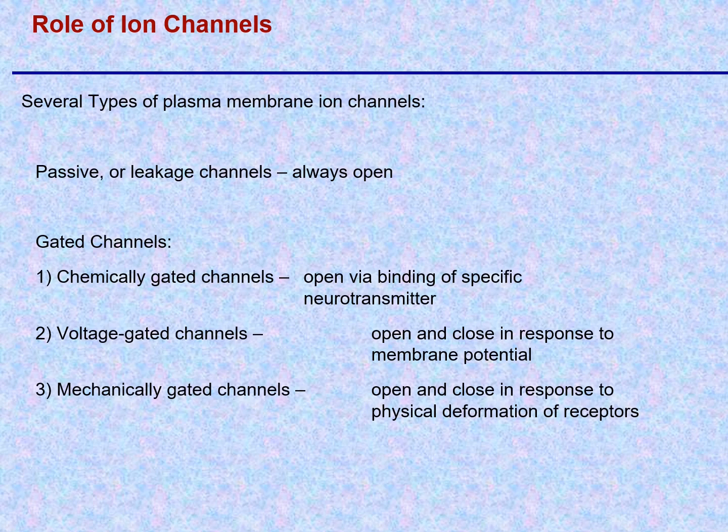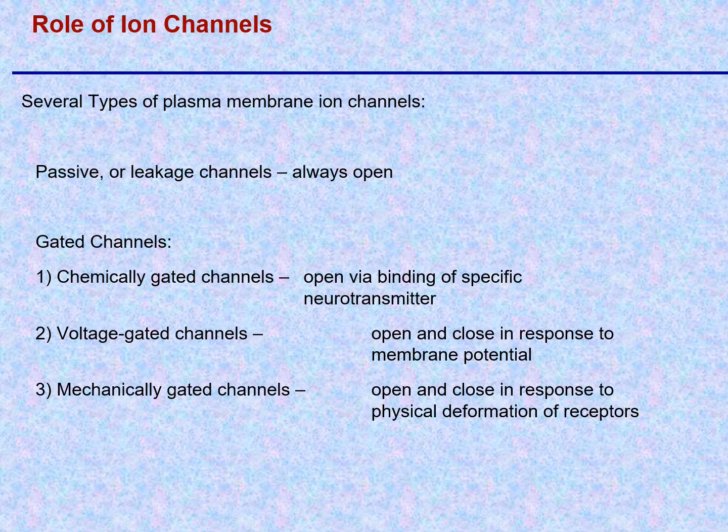There are these channels in the plasma membrane. They are protein structures embedded in the phospholipid membrane of the cell membrane, and they are ion specific. It's not like one channel is good for any ion or electrolyte.